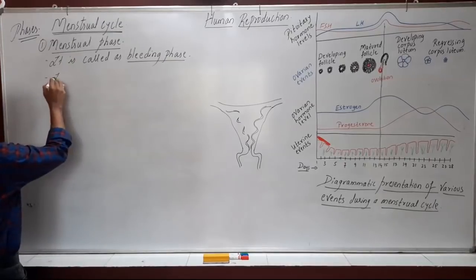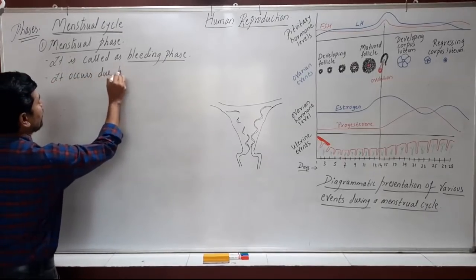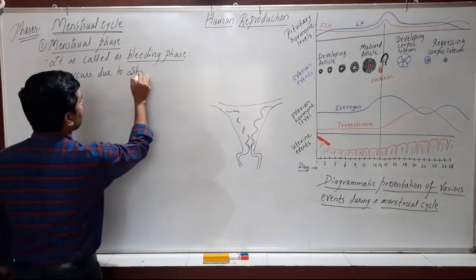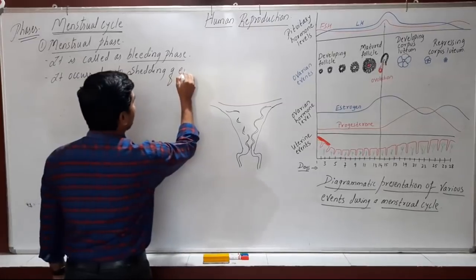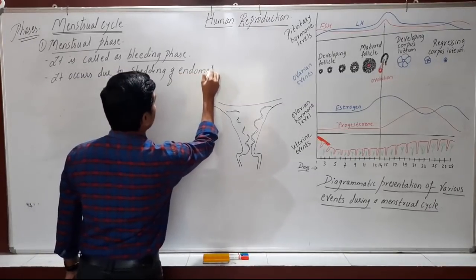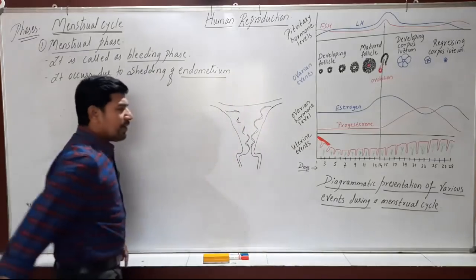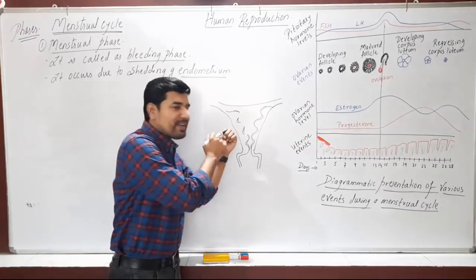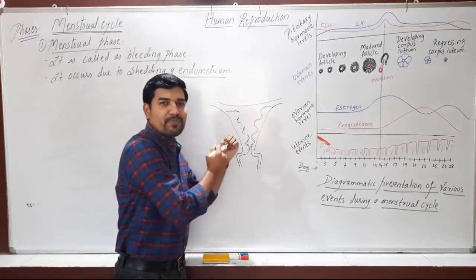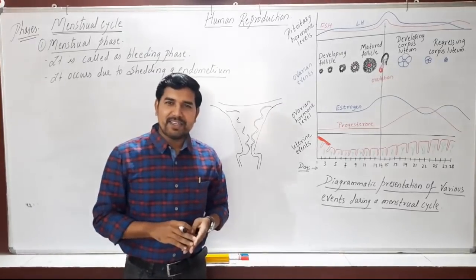Now it occurs due to shedding of the endometrium, the inner wall of the uterus. Then why should the endometrium get shed off? This is for the process of implantation.